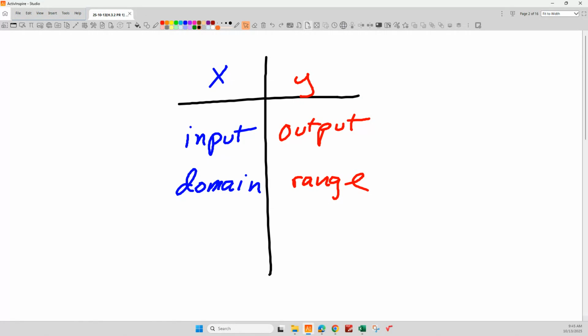The parts of these pairs of different items that go together, the one that alphabetically comes first, they all go together, right? X goes with input, which goes with domain. Those three all are alike. Alphabetically, the one that comes last, in each of those cases, those also group together. The outputs are typically Y's, and the set of all outputs is the range.